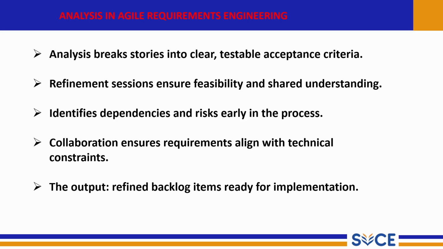It also identifies dependencies and risks early in the process. Analysis gives collaboration and ensures the requirements align with the technical constraints. So overall, the output of the analysis is refined backlog items ready for implementation.